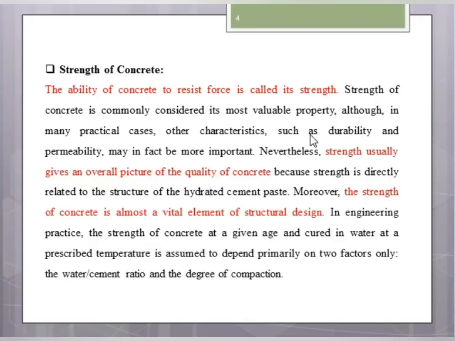As I told you, only the design parameter is considered for the design. In engineering practice, the strength of concrete at a given age and curing by water at a prescribed temperature is assumed to depend primarily on two factors: water cement ratio and degree of compaction.